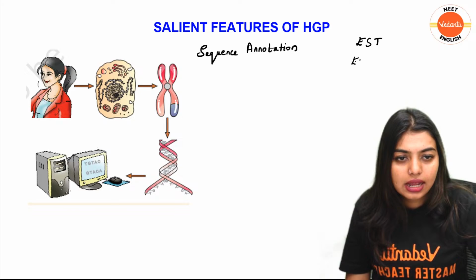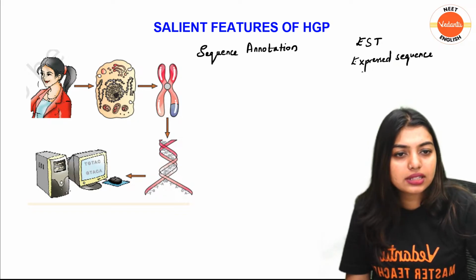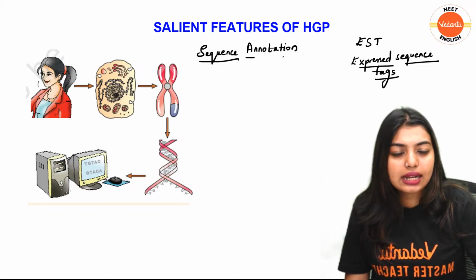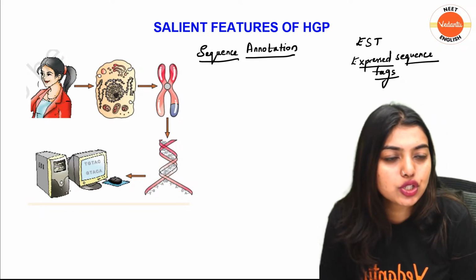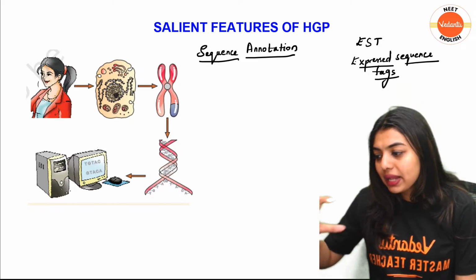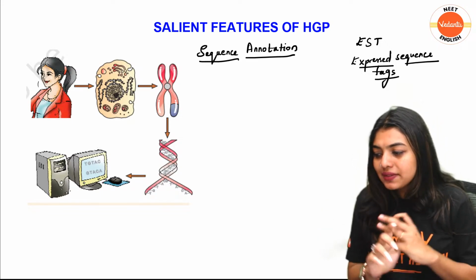Sequence annotation and expressed sequence tags. These were the two methods by which they could do HGP further. One was a blind approach, one was a better approach. So I'll tell you what it is actually. Okay, it is very simple, students.